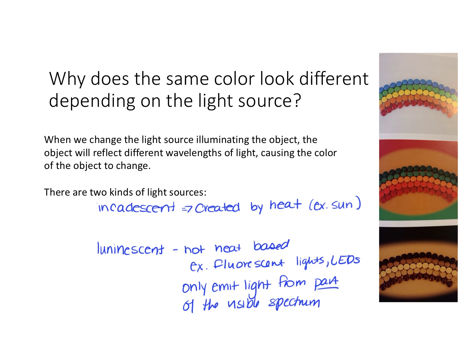Whereas incandescent light, right, emits all of the wavelengths from the visible spectrum. So depending on the kind of incandescent or luminescent light source present, those number of wavelengths reflected back from an illuminated object can be limited or expanded, and that changes the color that we see.